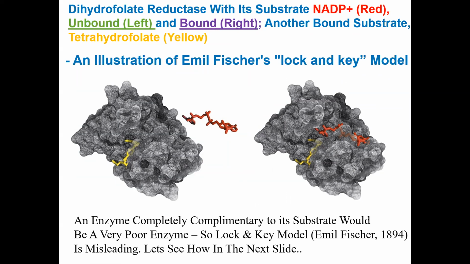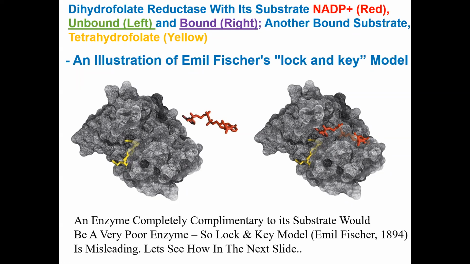Now, when people started developing models to explain the function of enzymes, Emil Fischer came up with the lock and key model. The lock and key model suggested, right, that enzymes are like a lock and substrates are like the key, and only one type of key will fit perfectly into that lock and be able to unlock it.